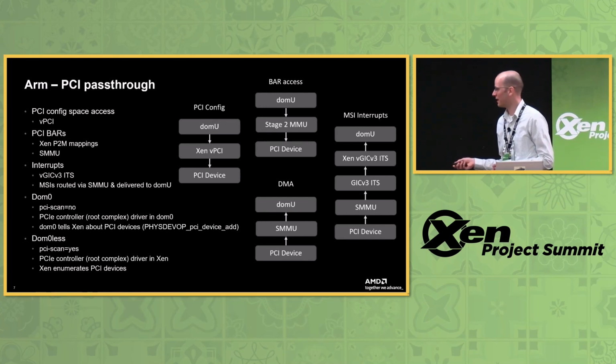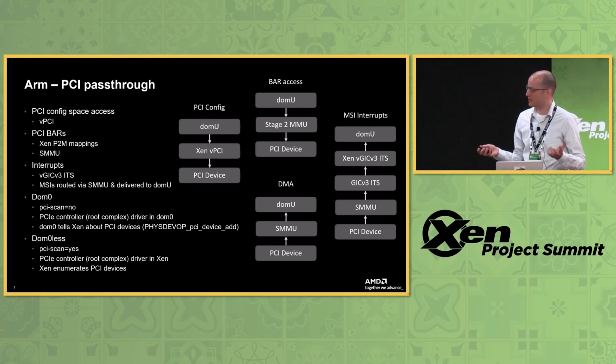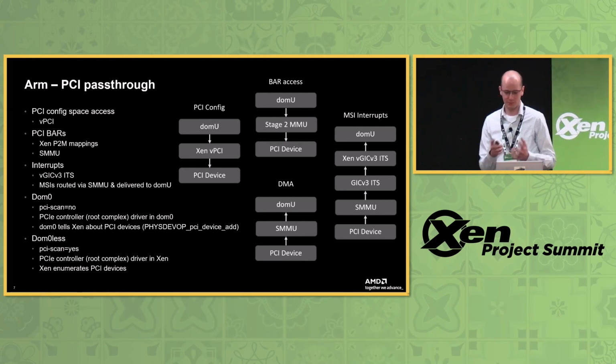In the Dom0-less case, we have the PCIe root complex driver in Xen. It could be in U-Boot or firmware. For our Versal platform, I chose to put it in Xen because it was convenient. But then Xen can scan the PCI bus and provide a virtualized view of PCI devices to the guest.